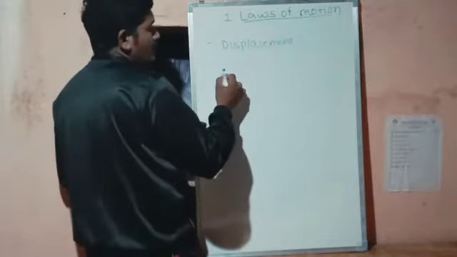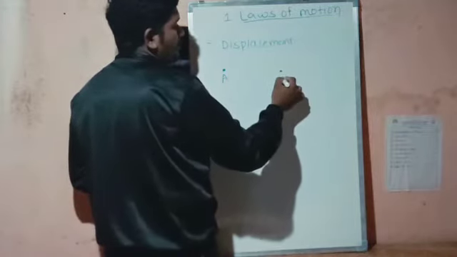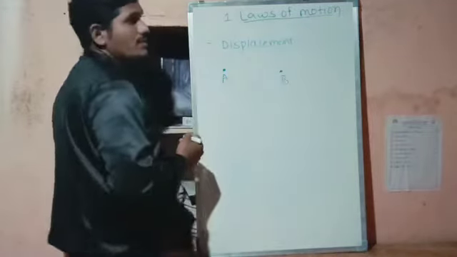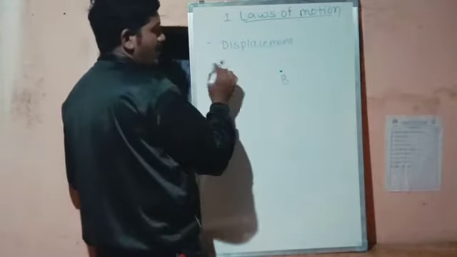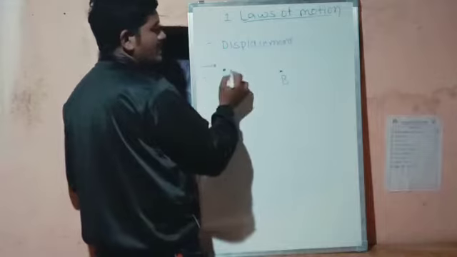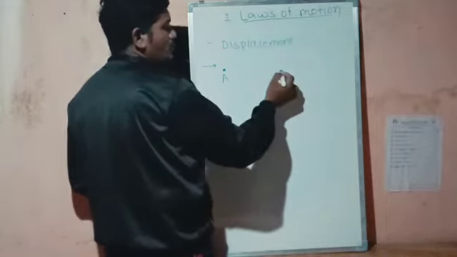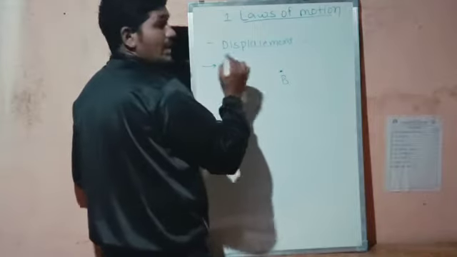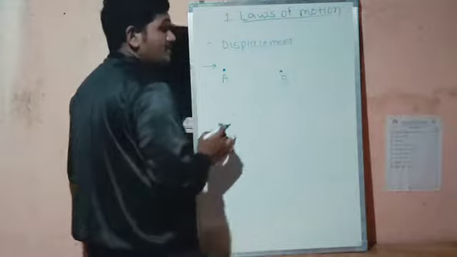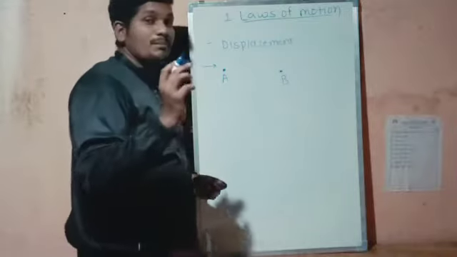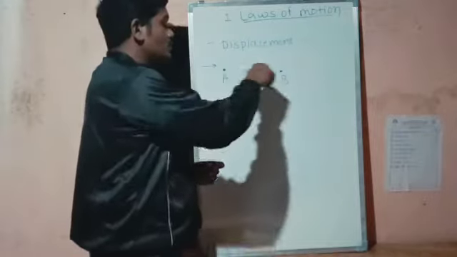Suppose A is a point and another point is B. Suppose the table was at point A first, and when I apply force in this direction, the table moved to point B. So when I apply the force, the table moves from A to B. That will be the measurement, or you can say the distance between these 2 points.